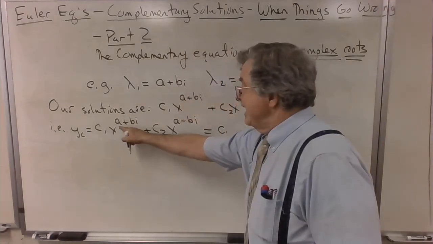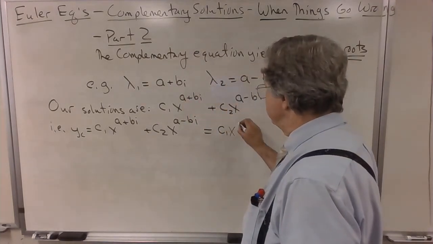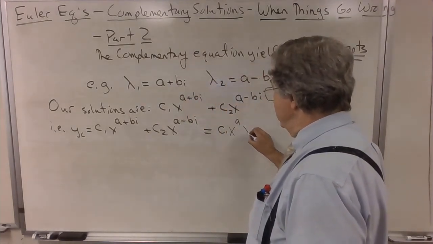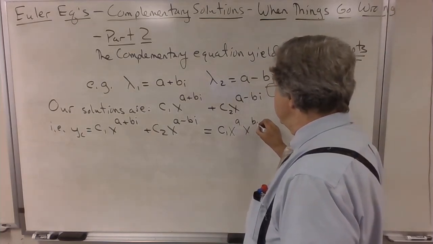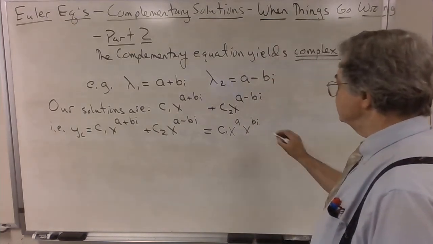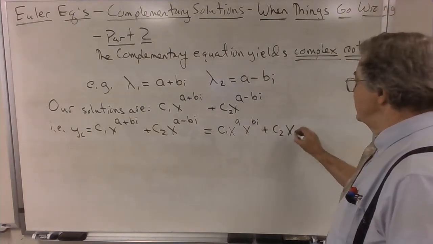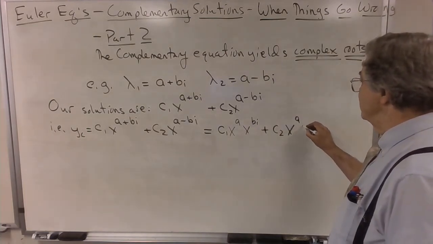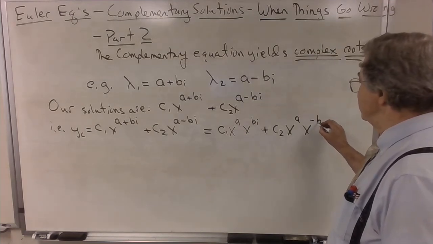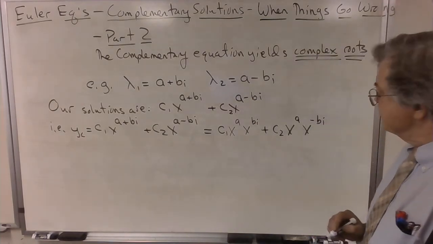We can say x to the a power times x to the bi power, and again x to the a power times x to the negative bi power.